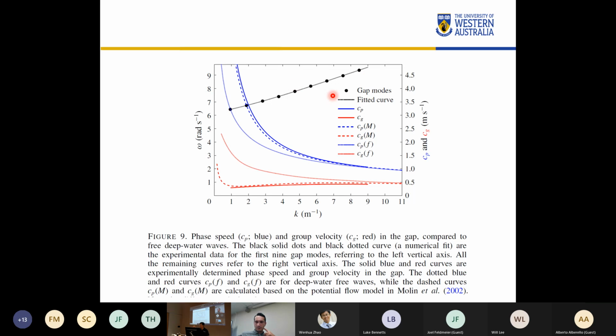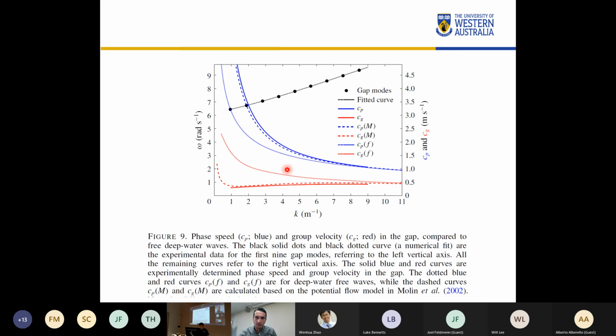That's the gap modes frequency corresponding to the left-hand side vertical axis. And once we know the frequency omega for each mode, and also the wave number for each one, we calculate the group velocity.